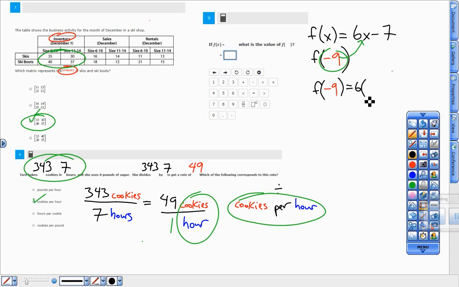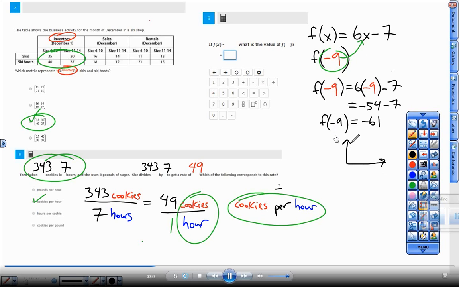So that gives me 6 times -9 minus 7, which gives me negative 54 minus 7, which gives me negative 61. And again, the number I plug in, that negative 9, will represent my independent variable. My number I spit out is my dependent variable.